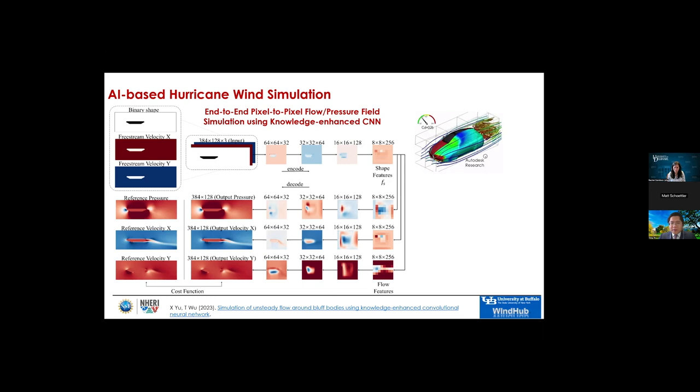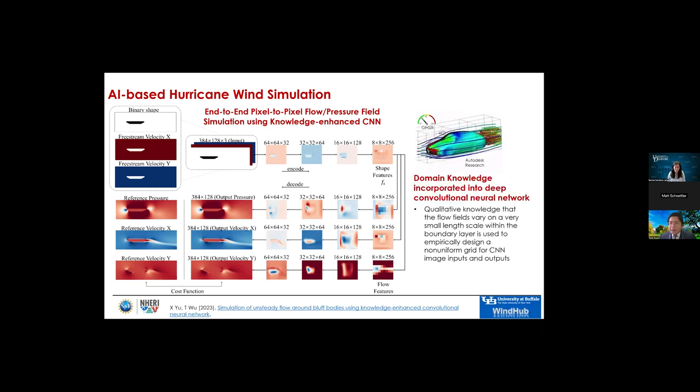So we developed this knowledge enhanced CNN, which means you give me a picture of your structure, and we'll give you the pressure field. The domain knowledge we integrate includes the Navier-Stokes equations. So that's for the individual structure.